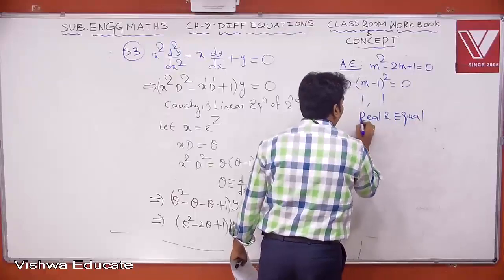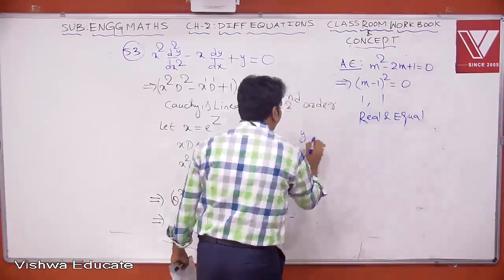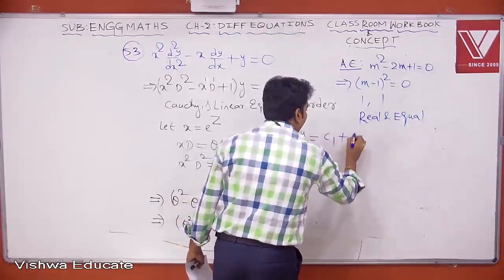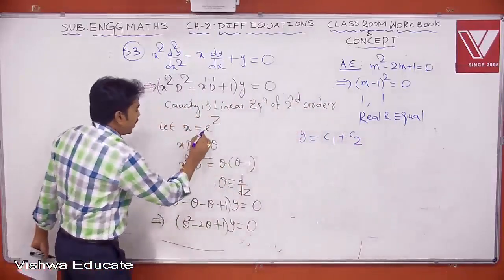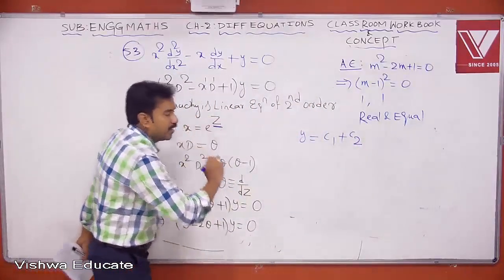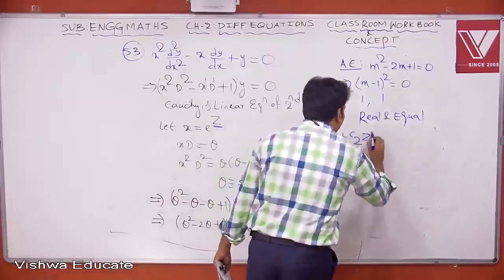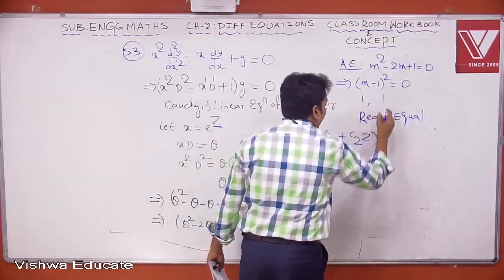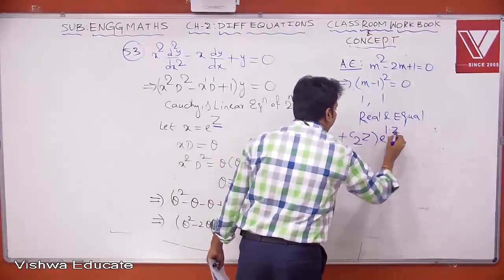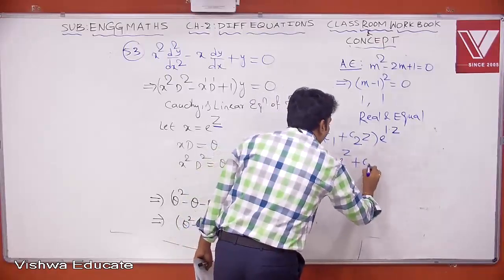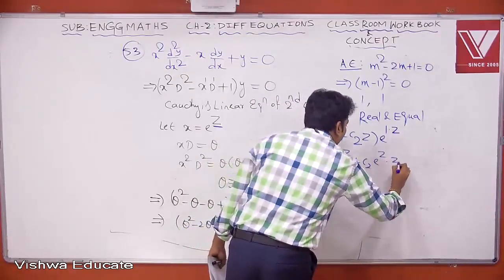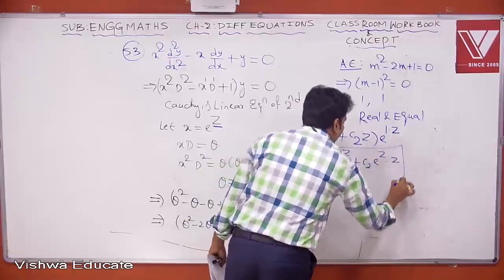When you have real and equal roots, y equals c1 plus c2 times the variable. Don't write x because x is converted to the new variable z. So y equals c1 plus c2 z, times e power 1 z. Therefore y equals c1 into e power z plus c2 into e power z into z. This is my general solution.